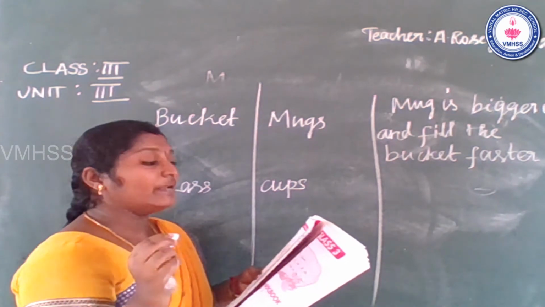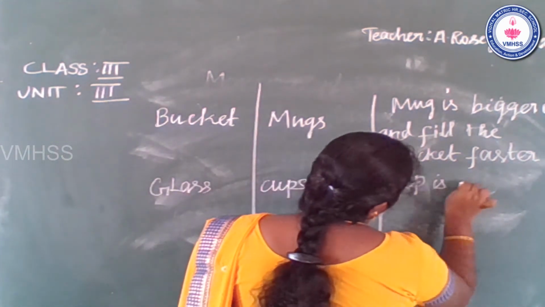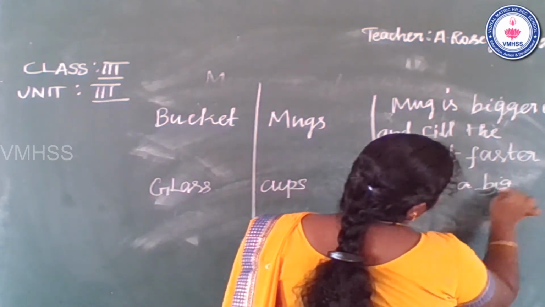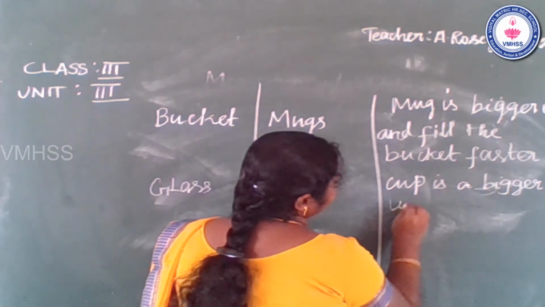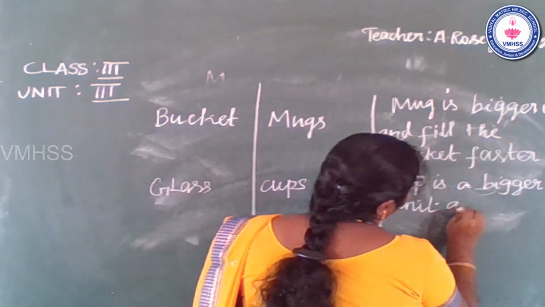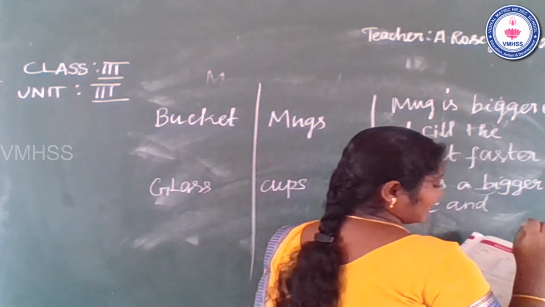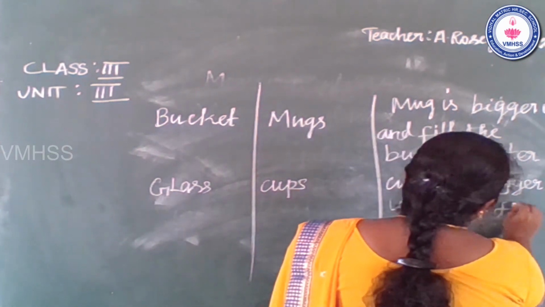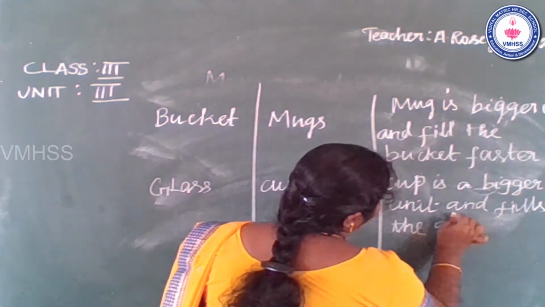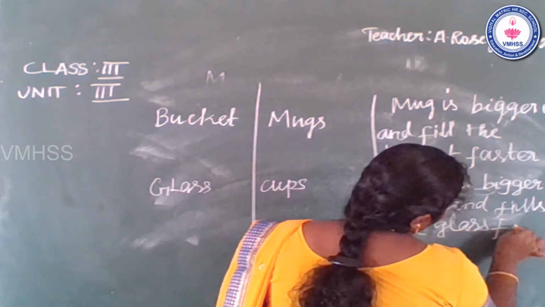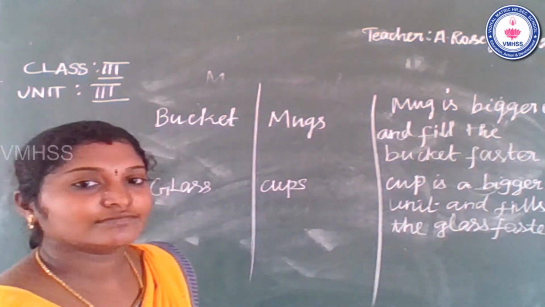The cup is the bigger unit, so it fills the glass faster. Okay, students, write fast.